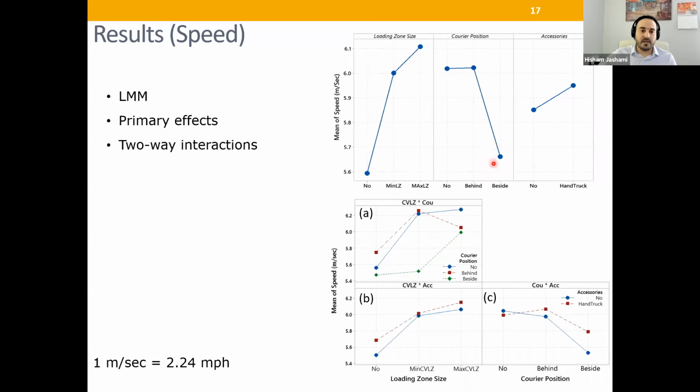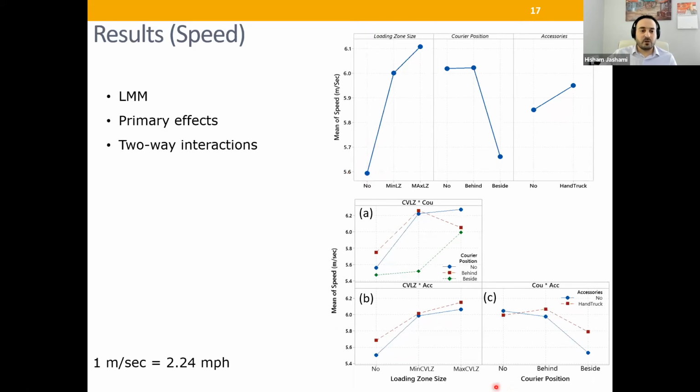So when the carrier is beside the track, they decrease their speed, because they want to make a decision or be more cautious, or they diverge, so they actually decrease their speed. While here in the maximum loading zone, they were comfortable, they maintained their speed, and they were just going through the loading zone. And here when you have minimum loading zone, and here when you have no loading zone.